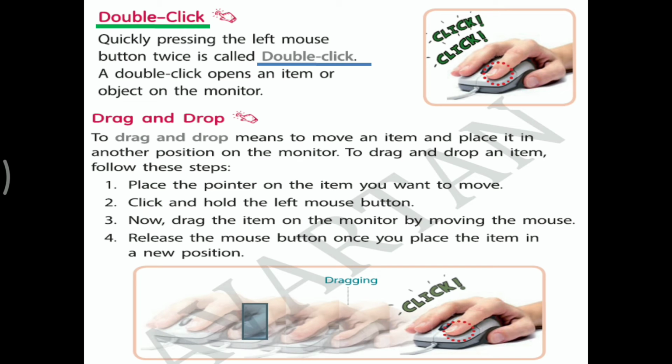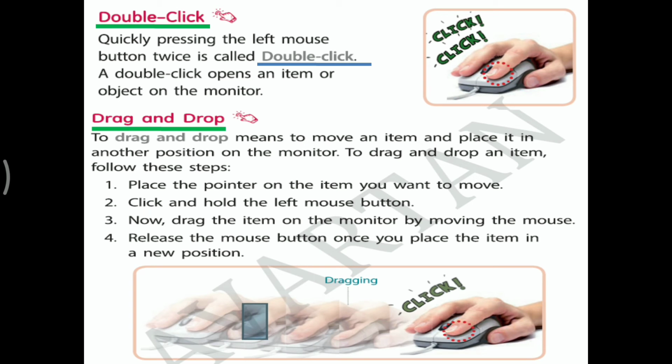Next here is drag and drop. So students, what is drag and drop? Let's learn about it. Drag means to move an item, and drop means to place the item from one place to another place. Let's read it.